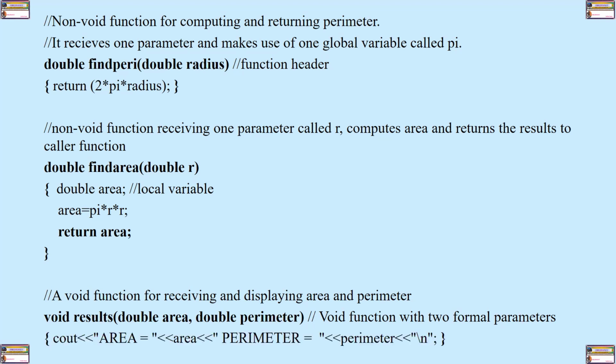It is displaying the values received just as they are. That's why it is outputting area and perimeter. So its work is purely to receive the values of area and perimeter and display them on the screen, as you can see.